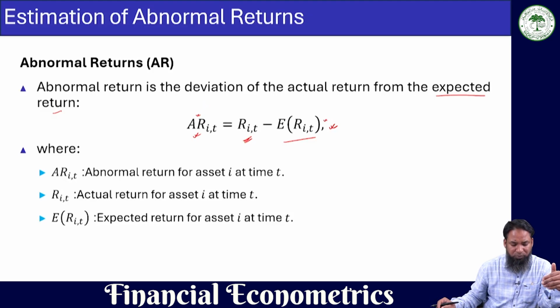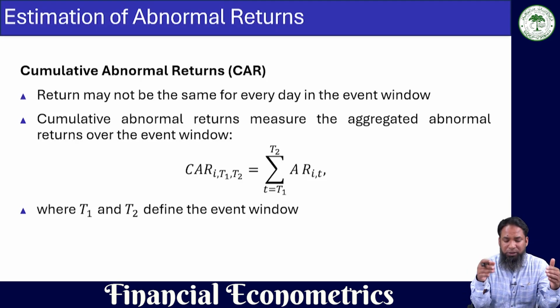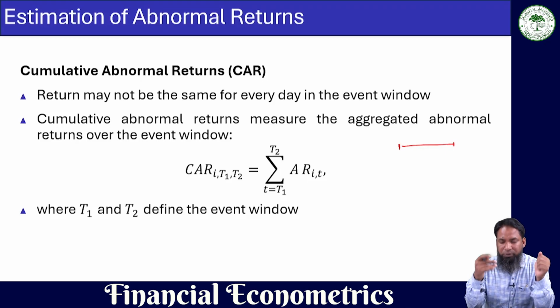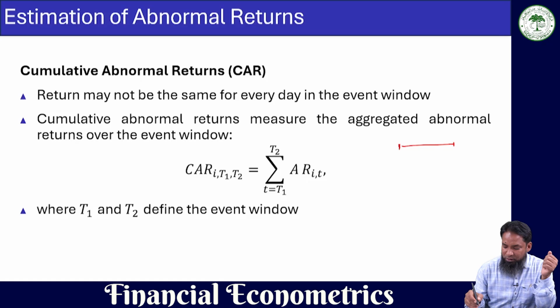Now, what we assume here is that we are calculating the abnormal return for a particular asset for a particular day. But when we assume an event window, we assume there is a certain period, certain days, over which we want to observe and calculate the effect of the event. So we have assumed an event window here. In that window, we have more than one day.